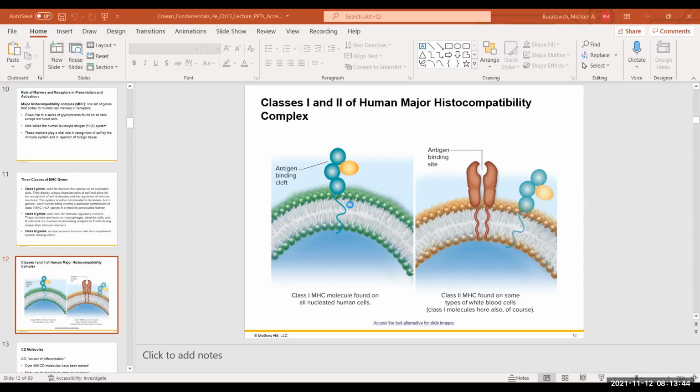So it clumps it, it will opsonize it, it will neutralize it. Essentially think of an antibody as a guided missile, a very specific guided missile for your antigen. That might be a good way to think about it.